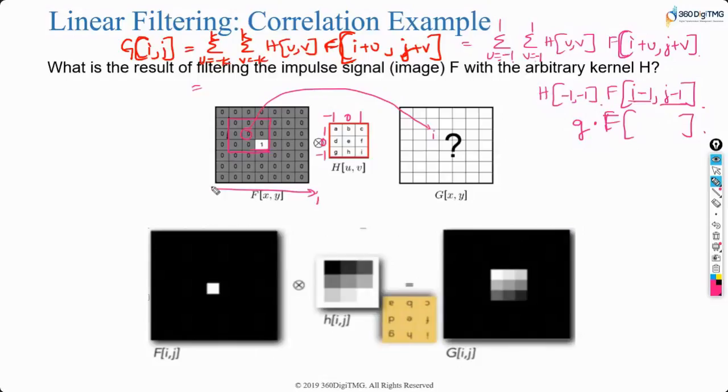If this is the central pixel i j, then i minus 1 would be going 1 pixel behind and j will be going 1 pixel behind.